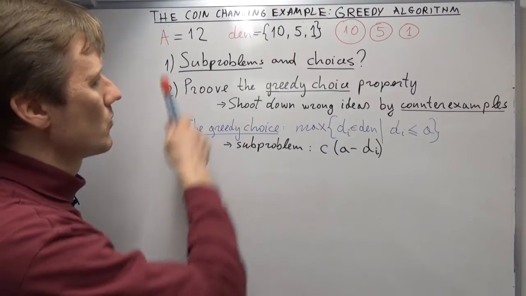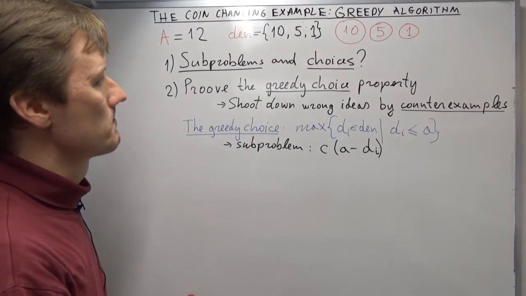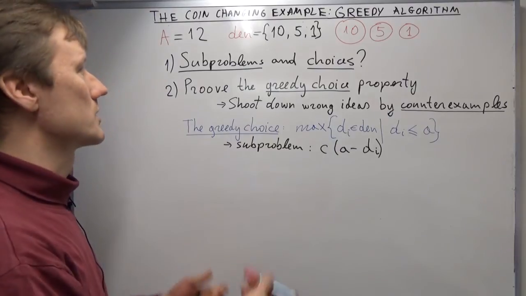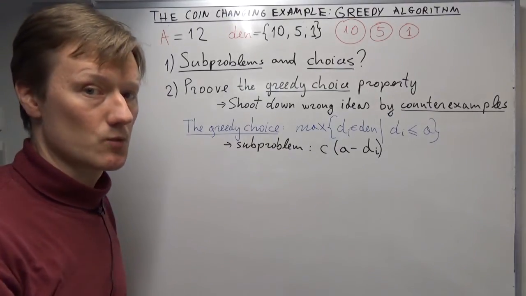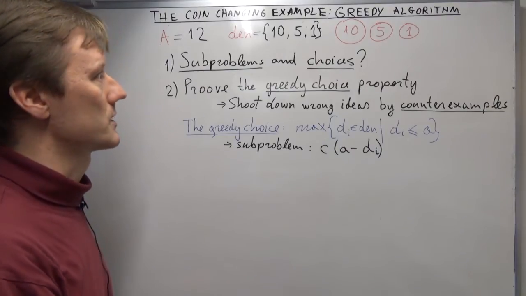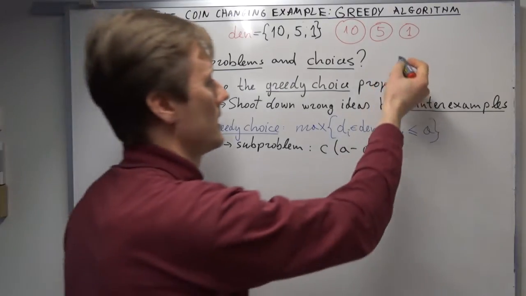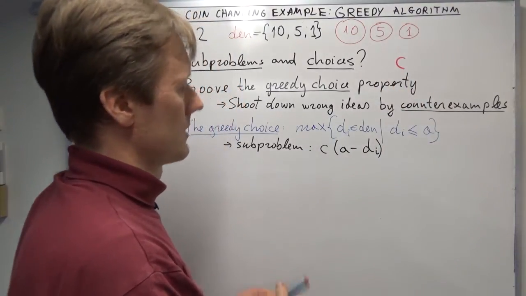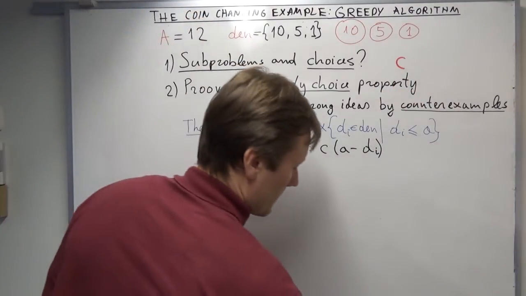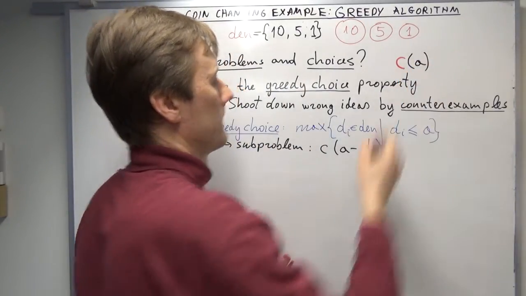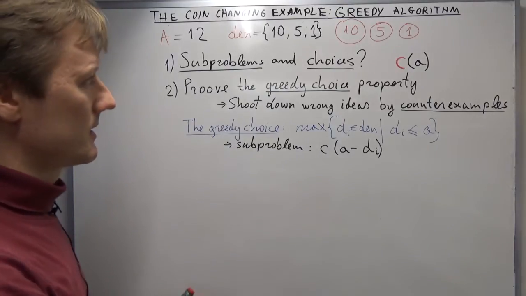So in this case, what is a greedy choice and what is a subproblem? First of all, we consider the same subproblems as we did in the first version of our dynamic programming algorithm. We said our subproblem is just to say how many coins we need to change the amount A. So that's the subproblem.